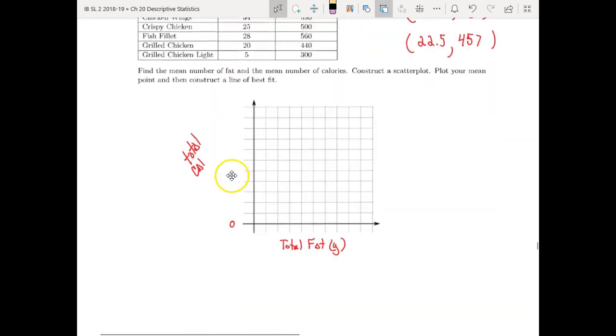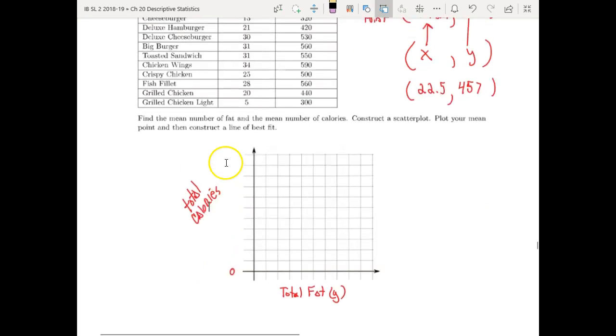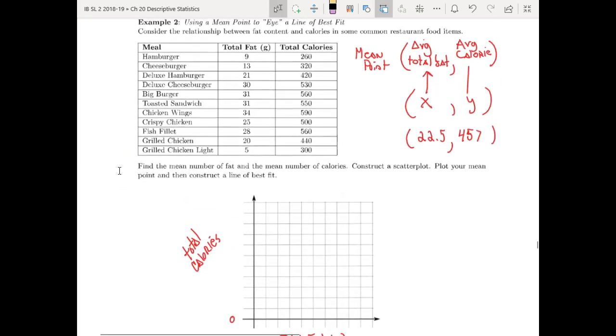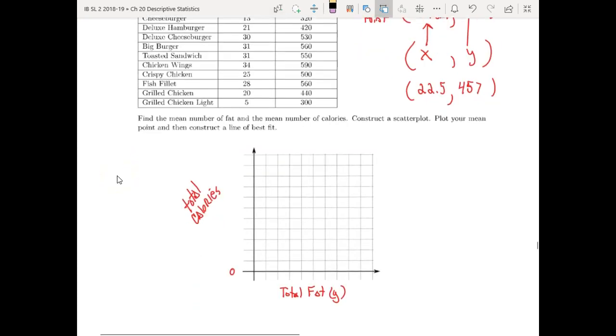Now you just got to figure out how to divvy that up. Fat's got to go up to at least 35. So maybe count by fives: 5, 10, 15, 20, 25, 30, 35.